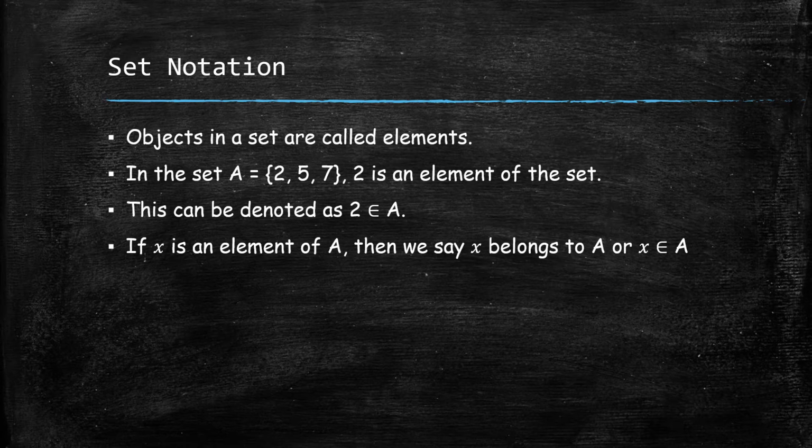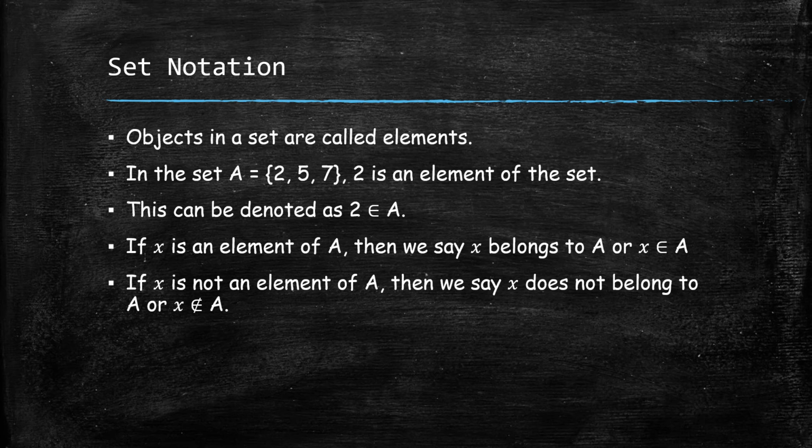So as a result, we can conclude, if x can be anything, if x is an element of A, then we say x belongs to A, or we put it in terms of the symbol, x ∈ A, x is a member of set A. That's what the E-like symbol represents.